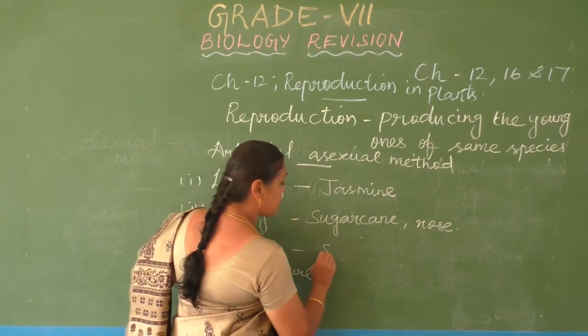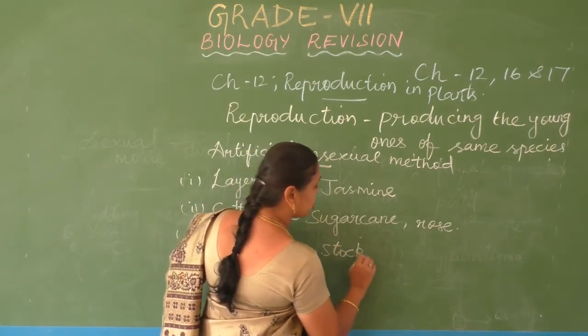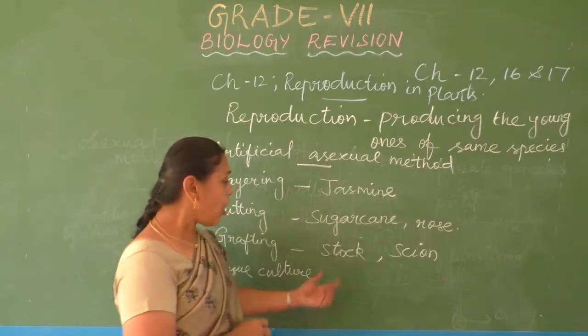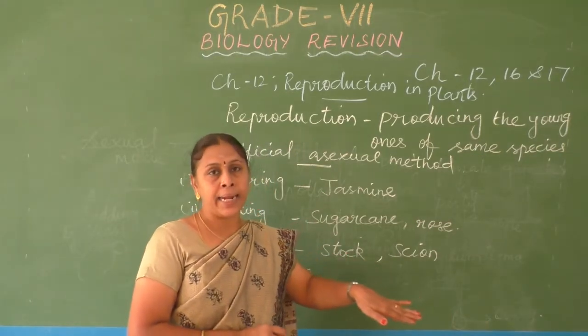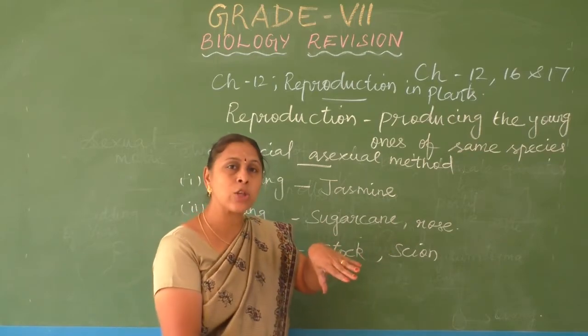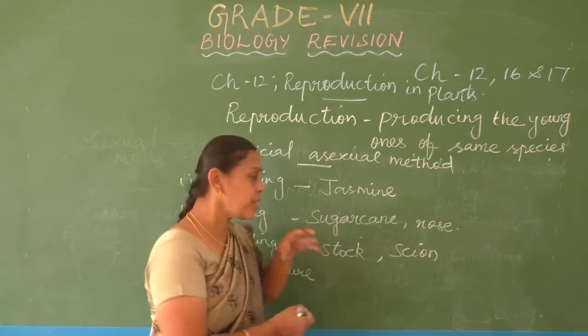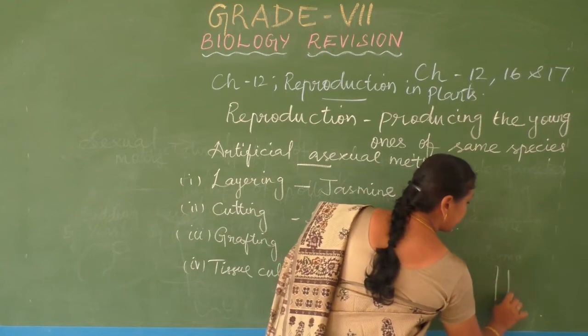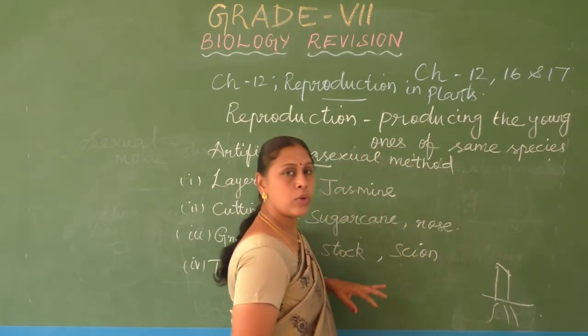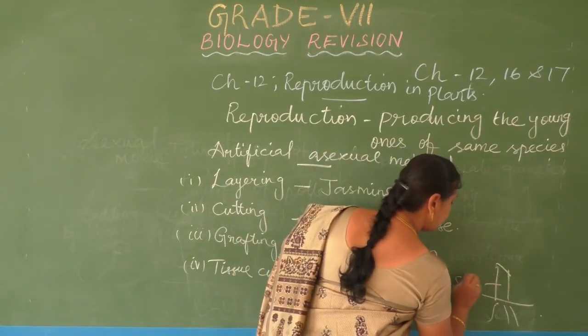In this, two parts are there, that is stock and scion. Stock is nothing but the rooted plant, the plant which has roots and is attached to the soil. That is the bottom portion; under the soil it will have roots and it will be cut. So this portion is called the stock.